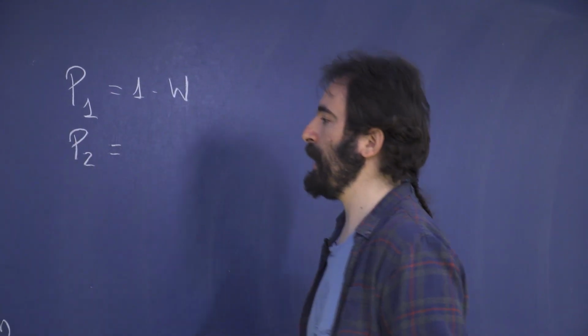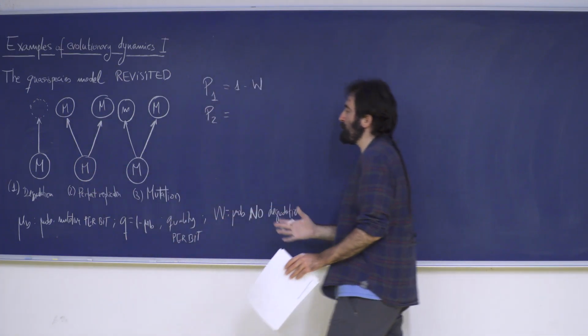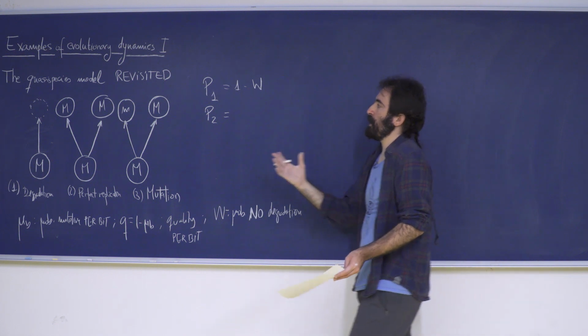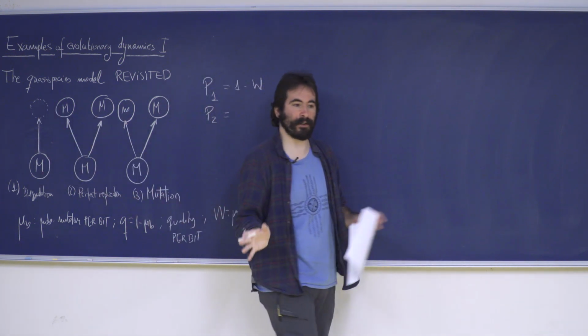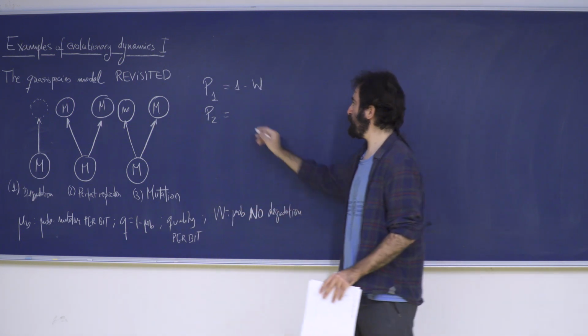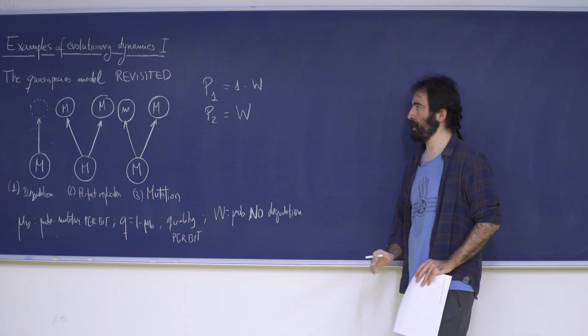What's the probability that actually there is a perfect replication? Well, first off, there must be no degradation, right? Because if the degradation happens, we are stuck with this process, and then there's no further questions. So first off, we need W here, so that we are sure that no degradation will occur.